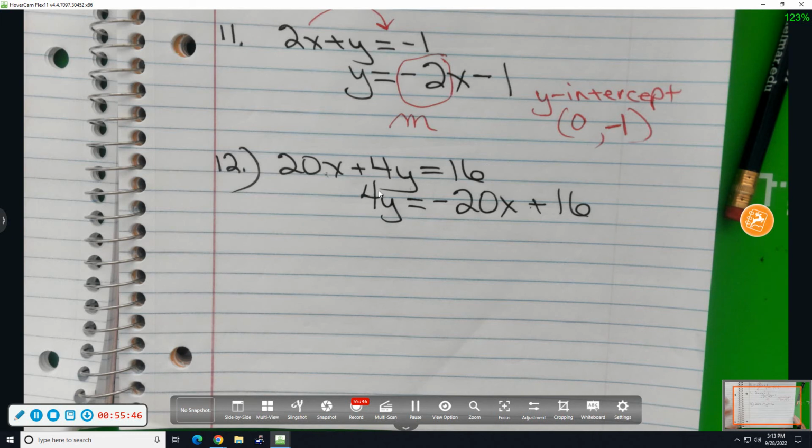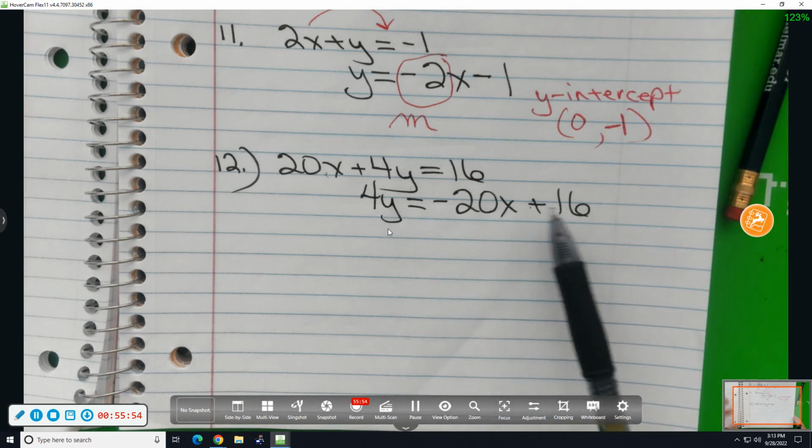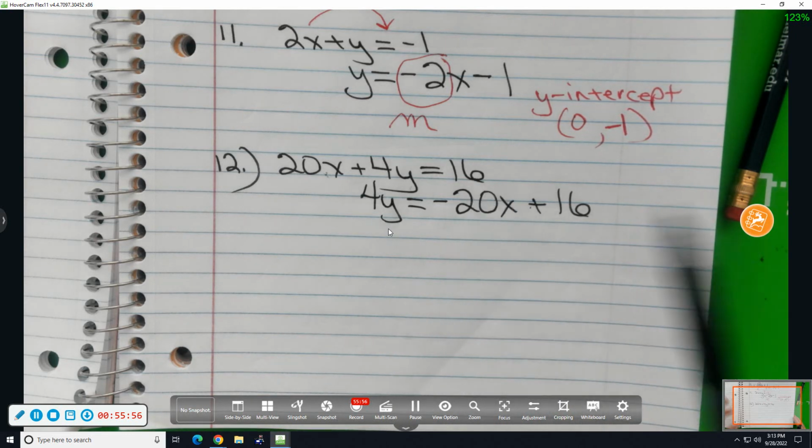But realize y is not by itself yet. I want it in the form y equals mx plus b, so that's why I put the mx term first, rather than putting 16 minus 20x. I put that x term first. It's still not in the desired form. We need to get rid of that 4, so what are we going to do?